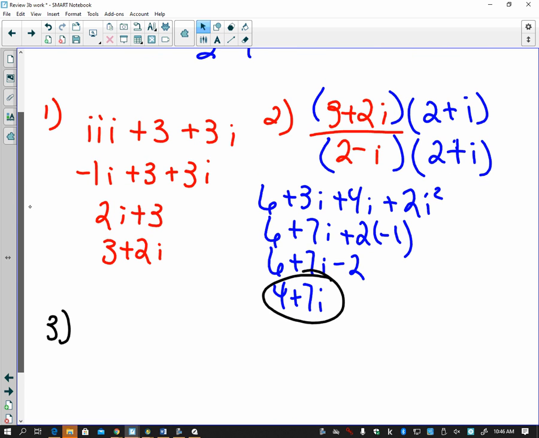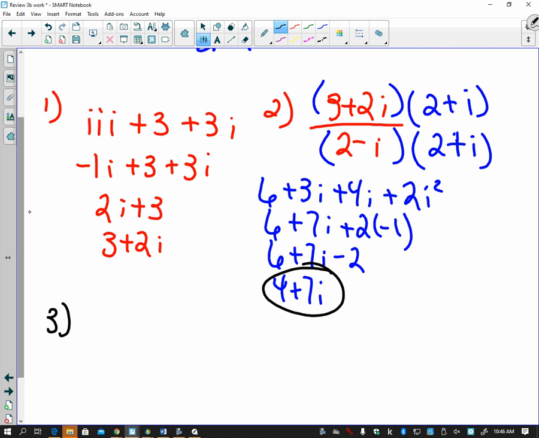Notice that our denominator in these questions is always going to be a sum and difference. So do I need to completely FOIL? No, because my middle 2 terms will always cancel out in a sum and difference. I really just need the first and last. 2 times 2 is 4, and then negative i times i is negative i squared. Now this is where it gets a touch complicated.